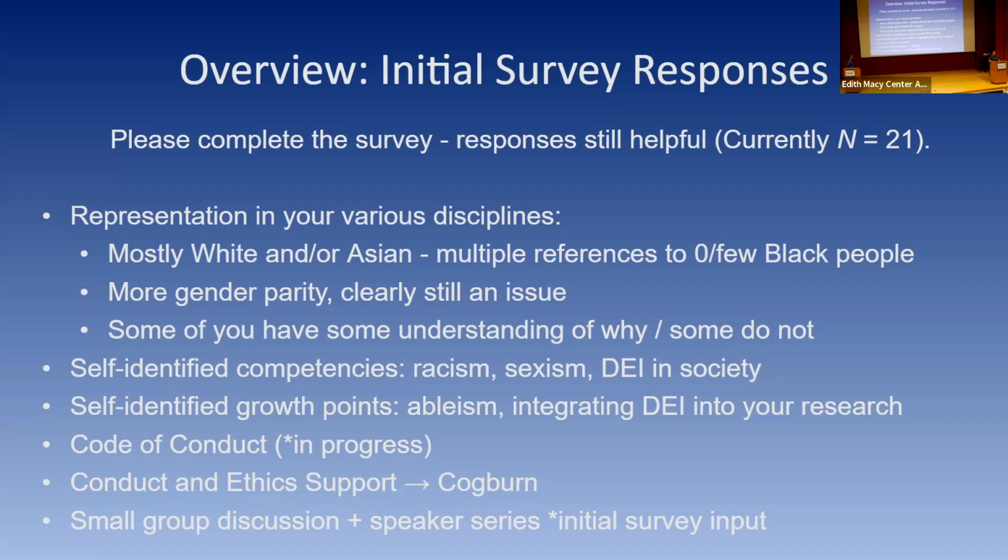And some of you have an understanding of why we're observing those patterns, and some of you do not. You self-identified yourselves as having pretty strong competencies in racism, sexism, and DEI in society generally. Your self-identified growth points were around ableism and integrating DEI into your research.